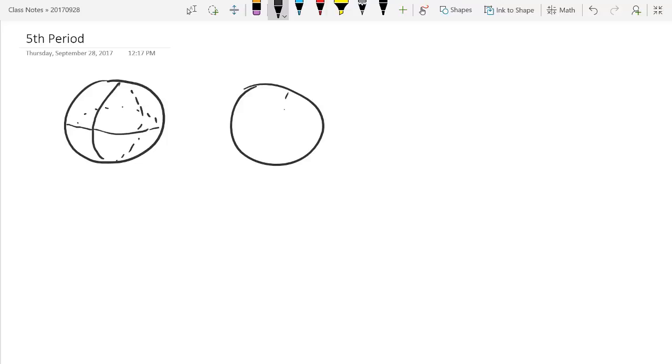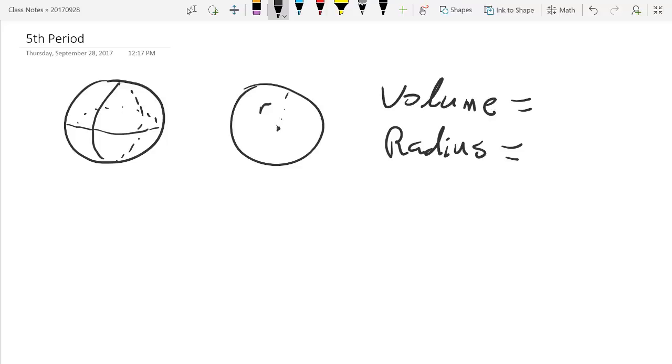So we know the radius, call it R. The volume. Okay, these are the two things we're dealing with here.